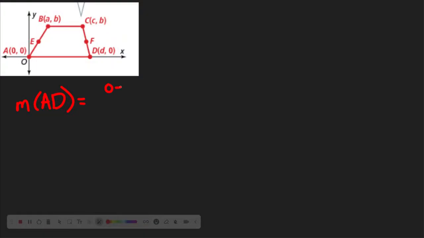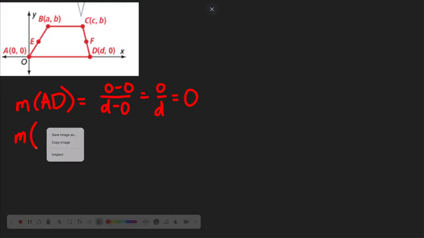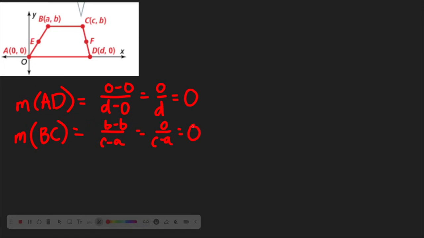It's 0 minus 0 over D minus 0, which is 0 over D, which is 0. What is the slope of BC? 0. It's B minus B over C minus A, so it's 0 over C minus A. So it's 0. The first thing I need to do is prove that EF has a slope of 0.